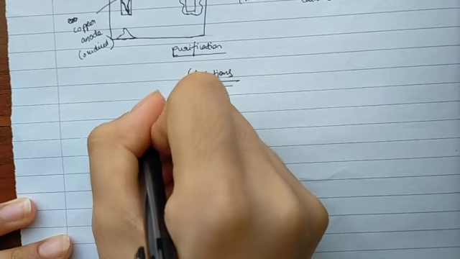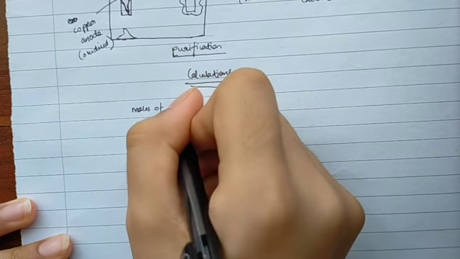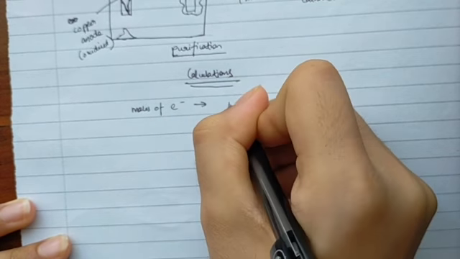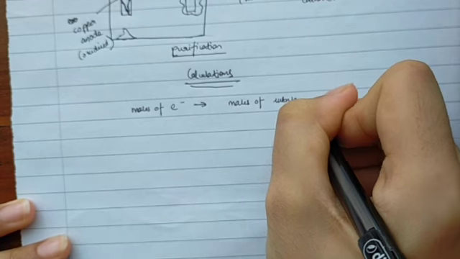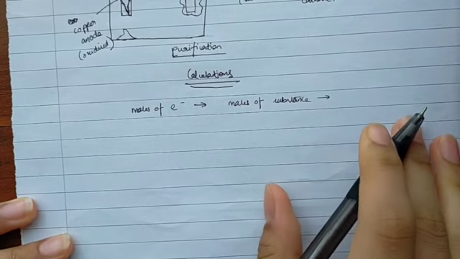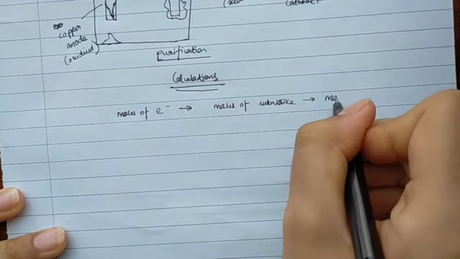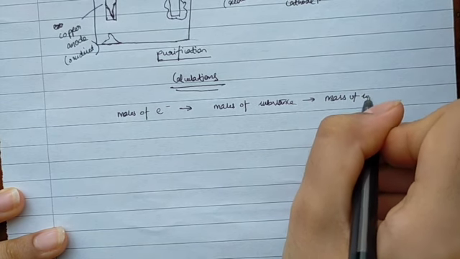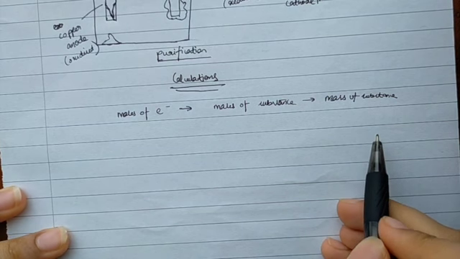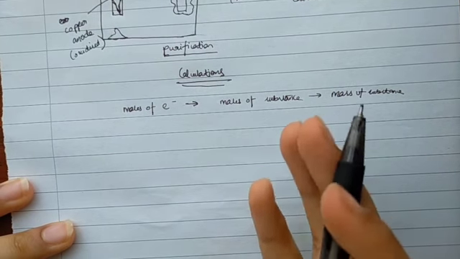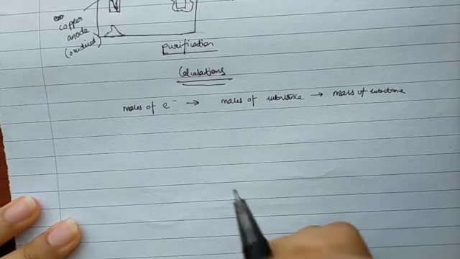So by knowing the moles of electrons, we can find the moles of the substance, and that leads us to the mass of the substance. So this chain is sort of how we derive or calculate the numbers that we need.